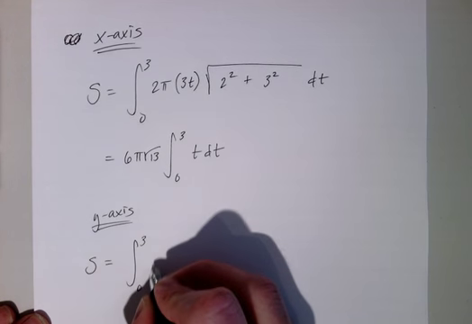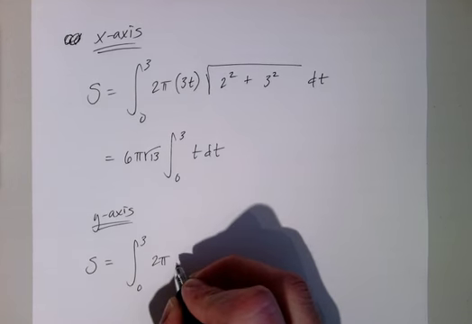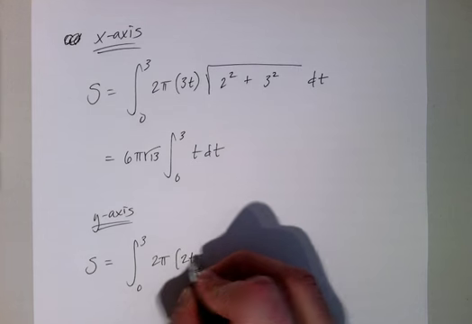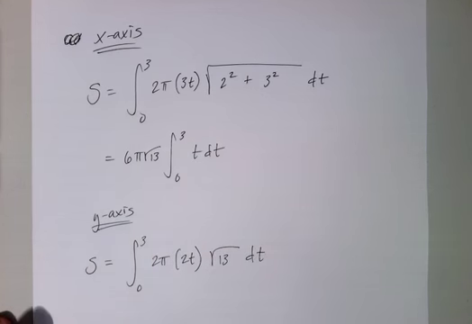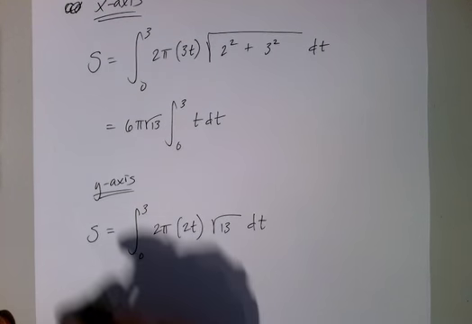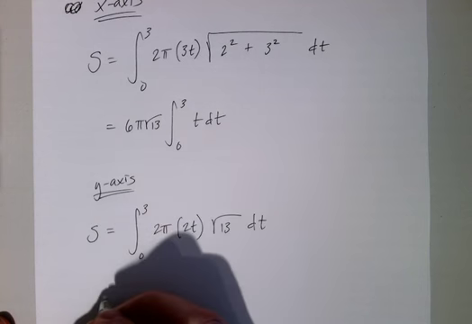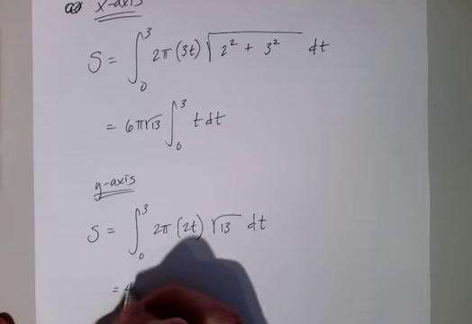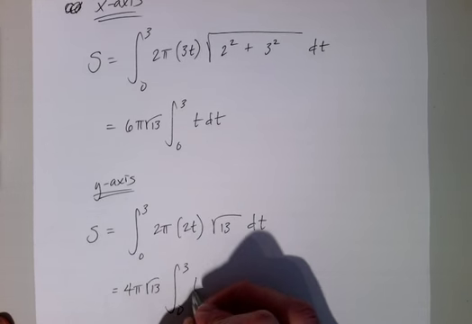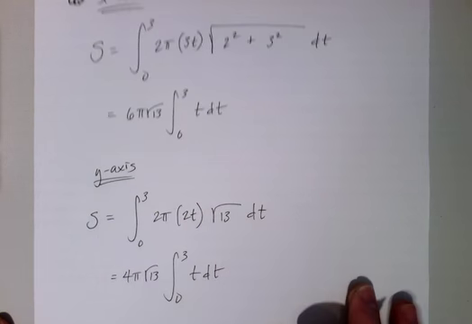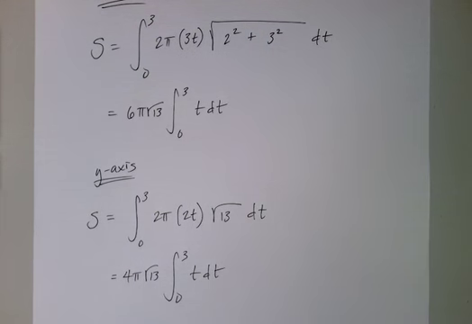It goes 0 to 3 of 2 pi, but I would have to put my x expression in here, and let's go ahead and just put that as root 13 since we already know what it is. So instead of 6 pi root 13, you would get 4 pi root 13 out in front, t dt, and that is as well a very, very easy integral to actually figure out. You could plug that into your calculator and get going rather quickly.